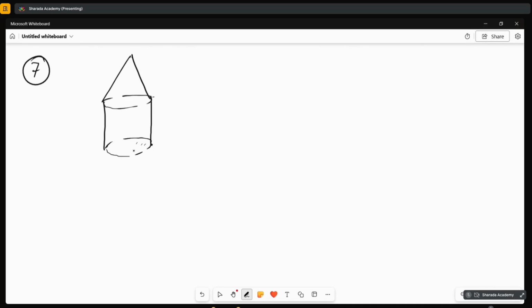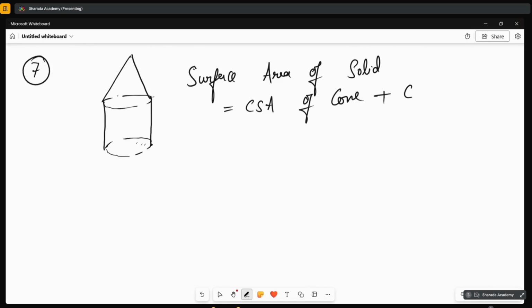We will not put the cloth here. And here also this portion is hollow. So only the CSA of the cone. So the surface area of the solid is equal to CSA of the cone plus the CSA of the cylinder.